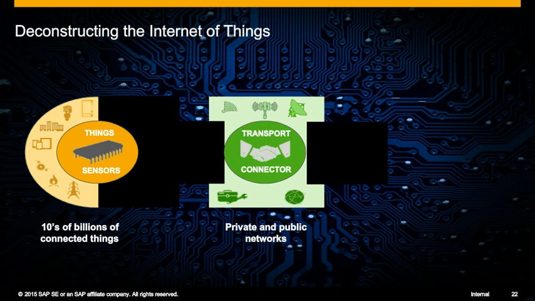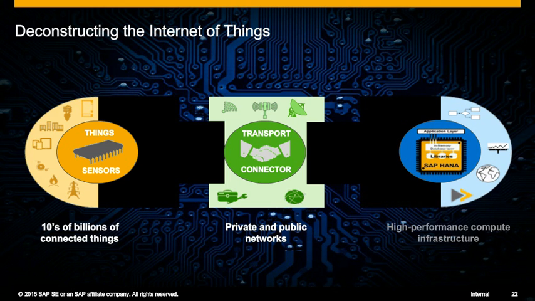And this information somehow needs to be transported and connected, right? So via the Internet, via Wi-Fi, via all kinds of channels that exist to transmit the data. And finally, you also need some infrastructure where you collect this information, ideally in a high-performance compute infrastructure. So, and that's where now SAP comes into play.